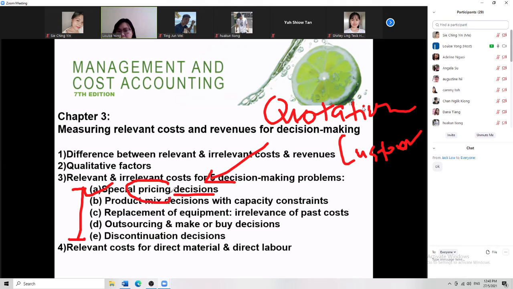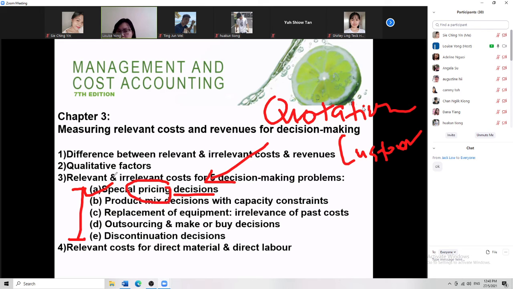They will ask you to set a price, roughly how much you will sell to me for. Of course, you need to know what your relevant cost is, and whether you want to accept this special order or reject it. Of course you need to calculate based on relevant cost or relevant revenue.